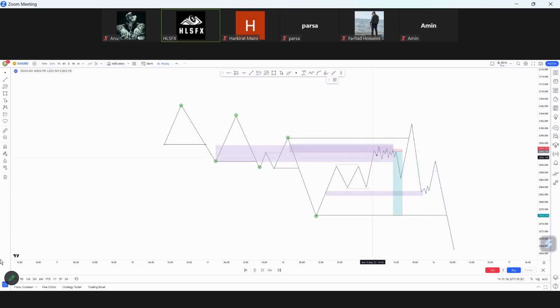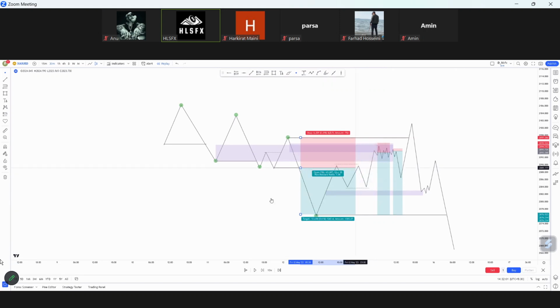On the other hand, we have the SNR traders. And then we have the breakout traders. Breakout traders enter at the break of structure here, and they put their stop loss at the swing point like this, and they will target this 1:1.